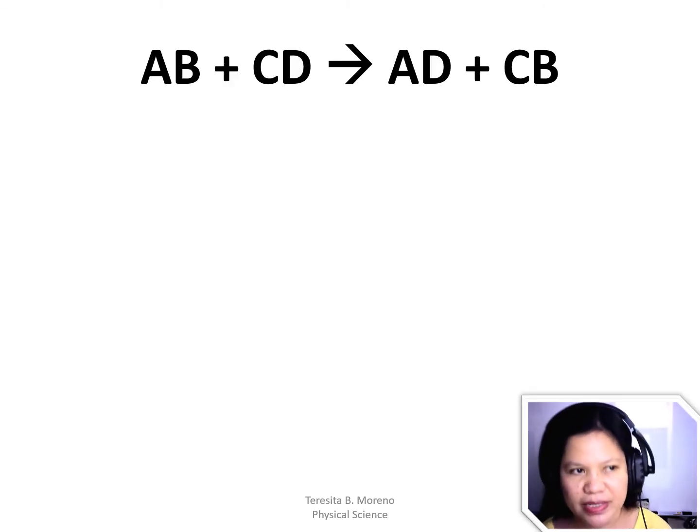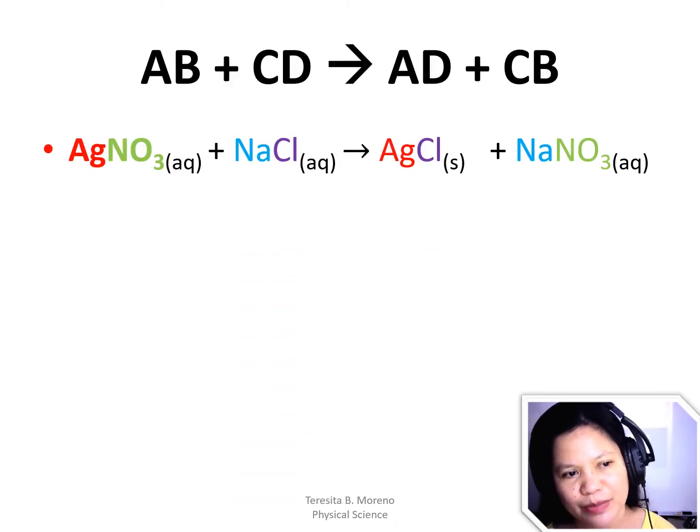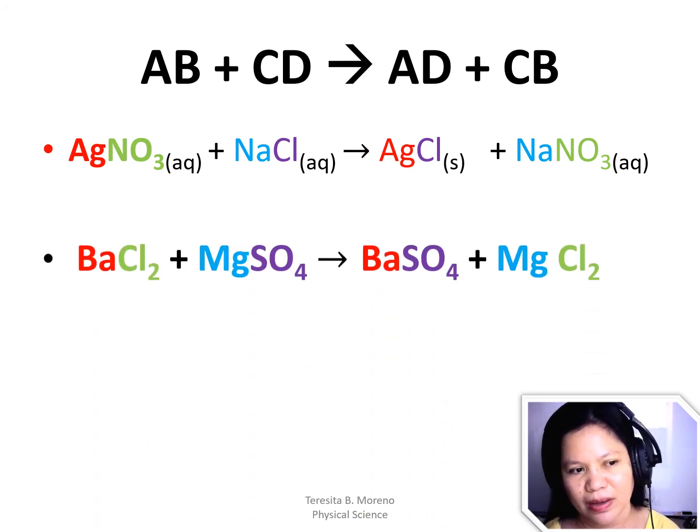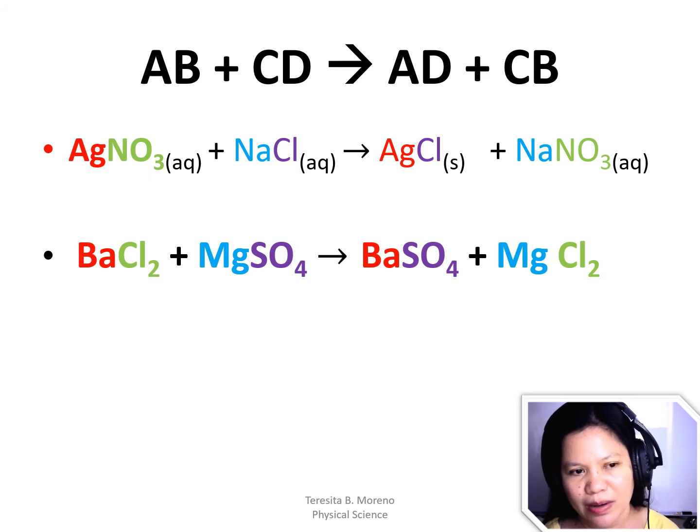Here is another example. You have silver nitrate plus sodium chloride. It will yield into silver chloride and sodium nitrate. Okay, next you have barium chloride, magnesium sulfate. It will yield into barium sulfate and magnesium chloride. I think that's the example that I gave.